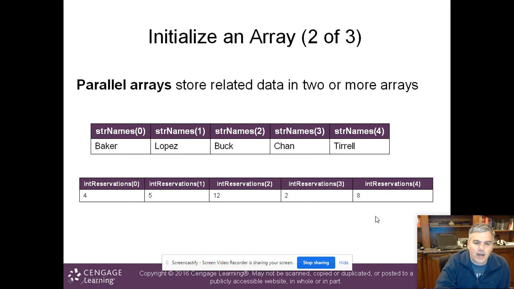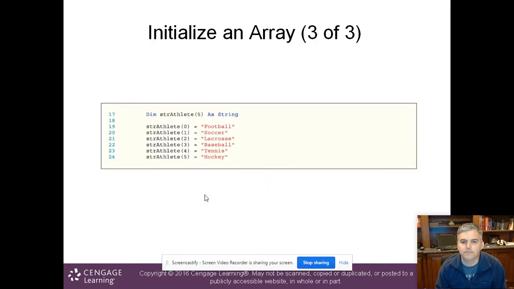You could have 5 or 6 of those. In the guided program walkthrough, I think we're probably going to have 4 different parallel arrays that hold data that are related to each other. So item 0 goes with item 0, item 1 goes with item 1. And this will make more sense when we start working with our data in our application.